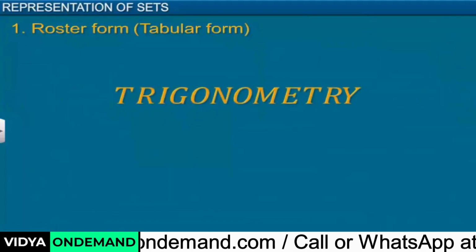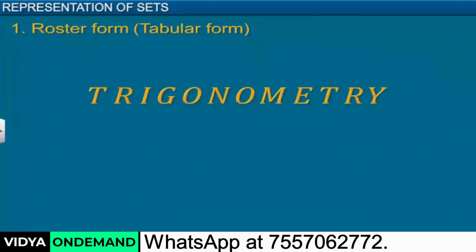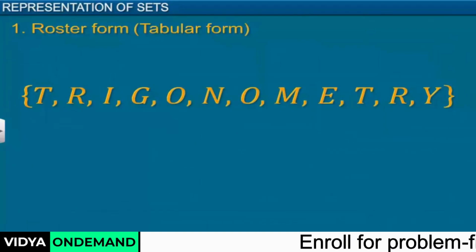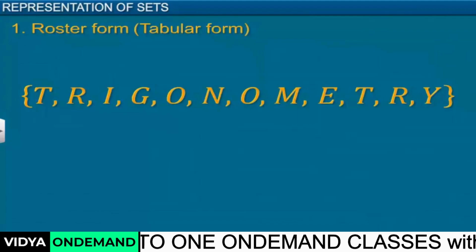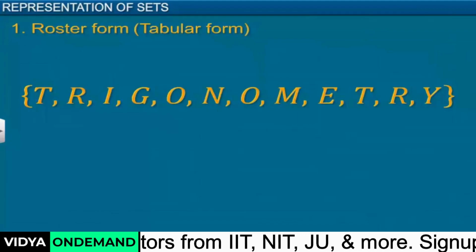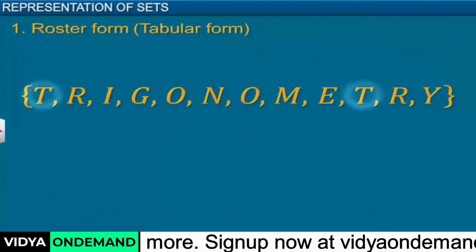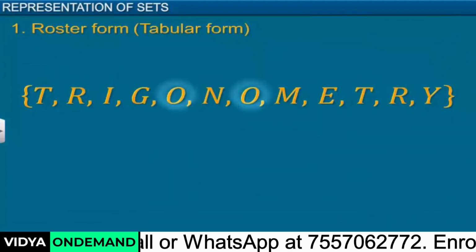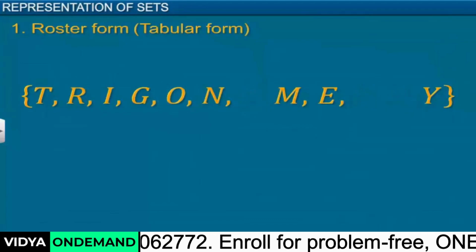In the representation, the elements T, R, O are repeated. So, this set can be represented as shown with the elements T, R, and O written only once. So, only the distinct elements are written while representing a set in the roster form.